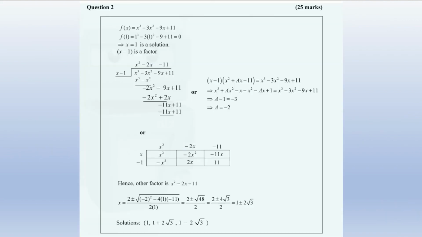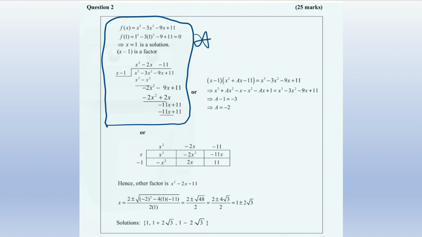Looking to the marking scheme, there's a couple of different ways of doing that. The one that we did was this part here. So we found our first solution. We found that 1 goes into my equation. We then used the fact that x is equal to 1 is a solution to find the factor, which was x minus 1.